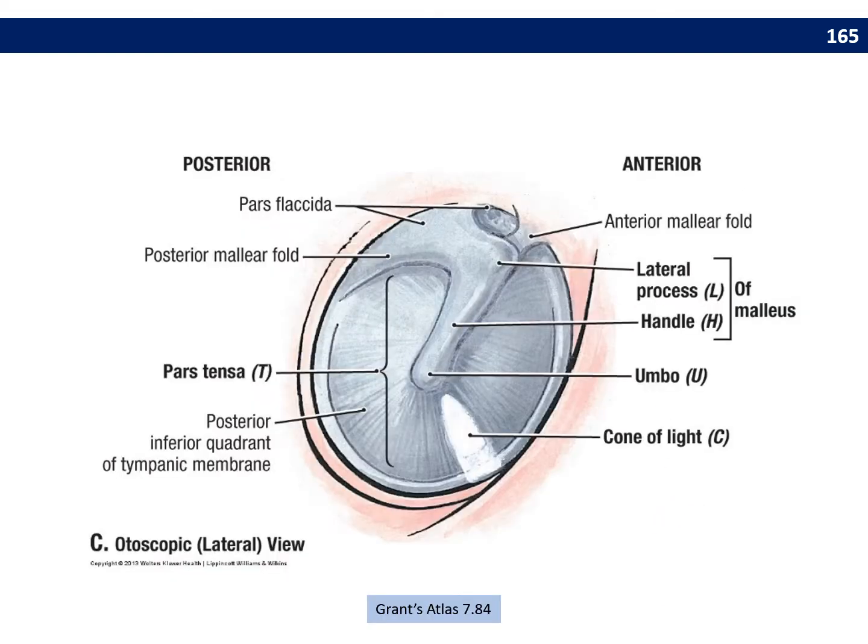Now, if we continue towards the middle ear, still in the external ear, we see the tympanic membrane. So the external surface of the tympanic membrane is covered in skin, as opposed to the internal surface, which is covered in mucosa.